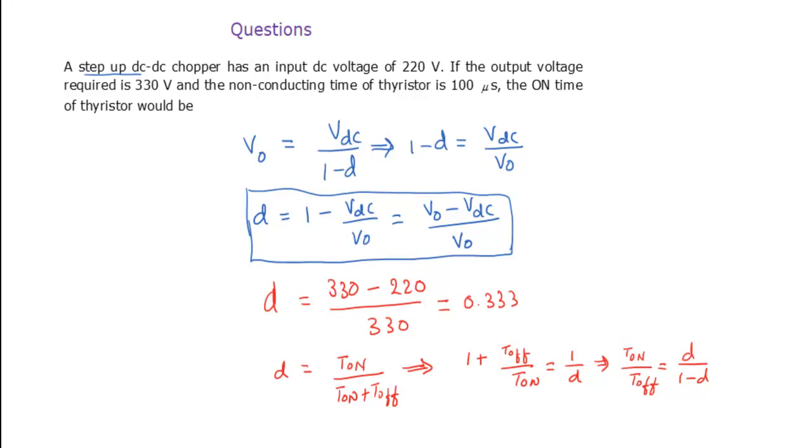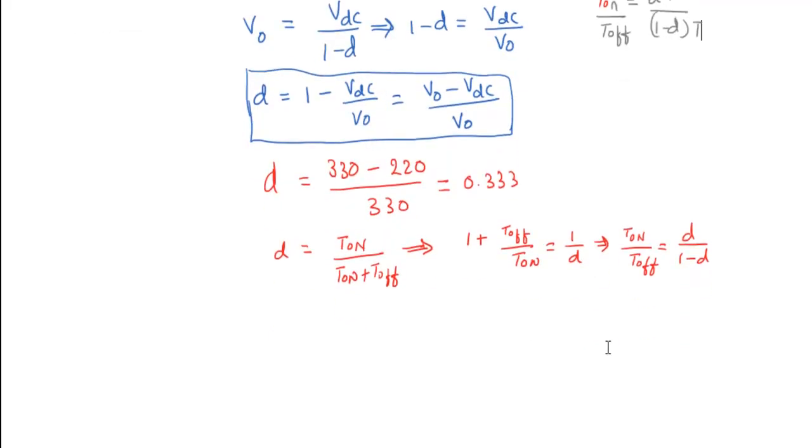If you remember what we discussed in SMPS, same thing. What I told you, T on equal to D times T, and T off equal to 1 minus D times T. So T gets cancelled, you will get the same thing. Now we need to substitute the things and then get the value.